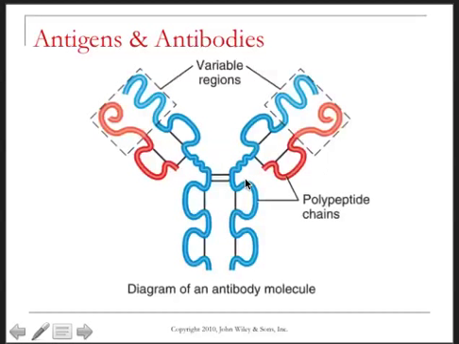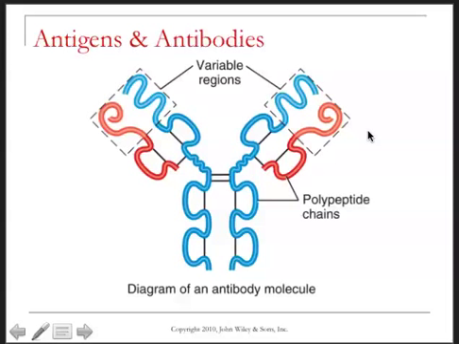So this is the magic bullet. This is what it looks like. And the region that binds to the bad guy is this region in the box. Okay, these are called the variable regions. And it affects the destruction of the pathogen in several different methods.